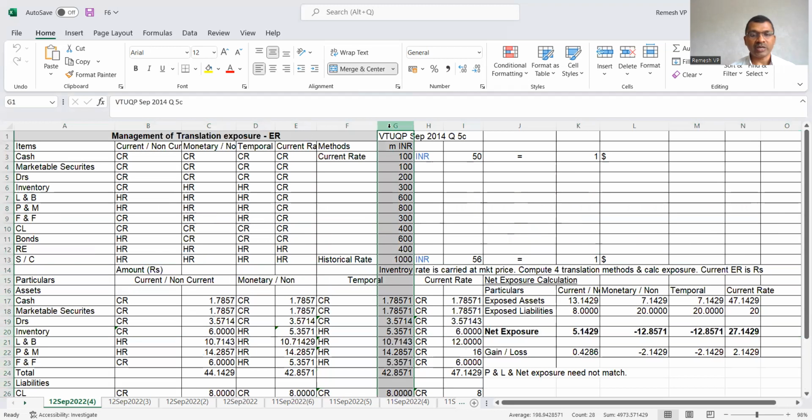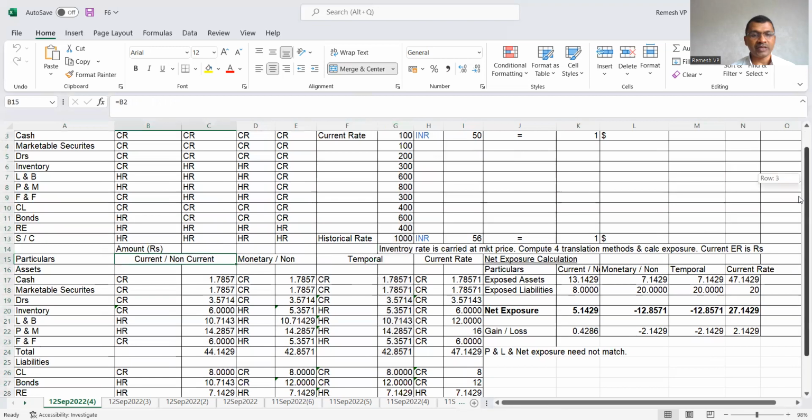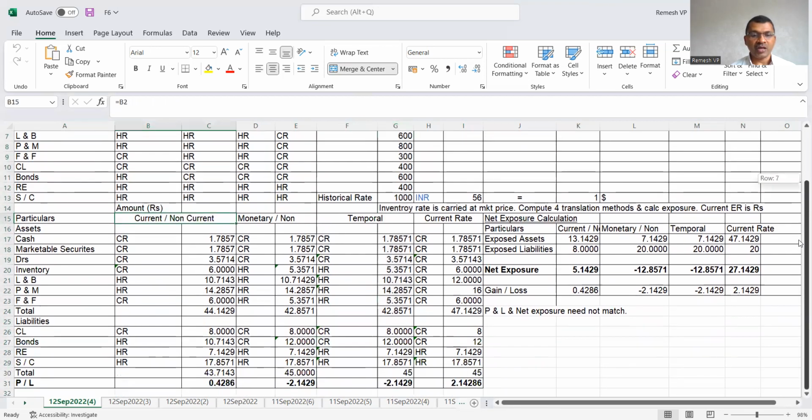Against each account head, whatever amount has been given, we take the exchange rate prescribed for that particular accounting method and apply it.